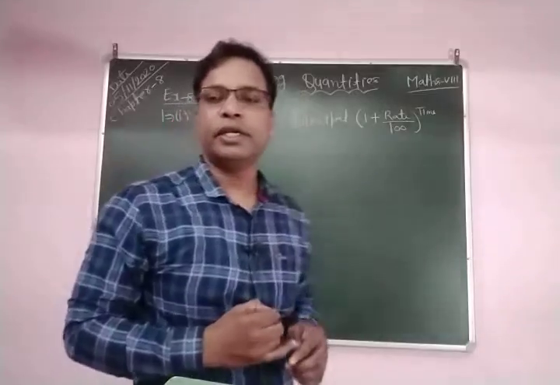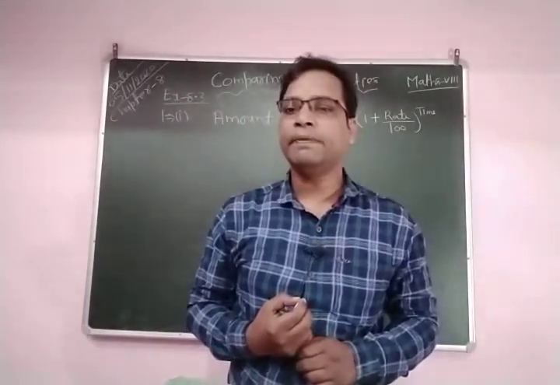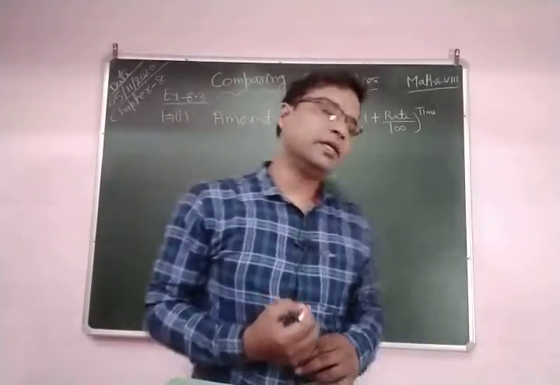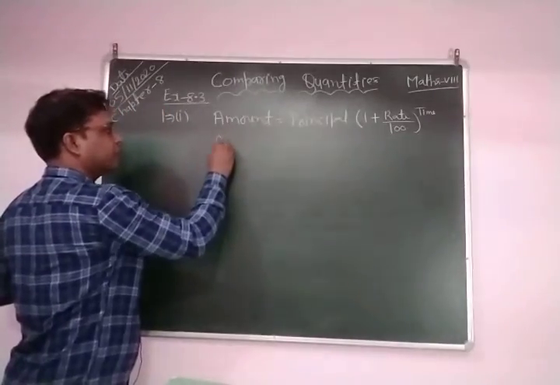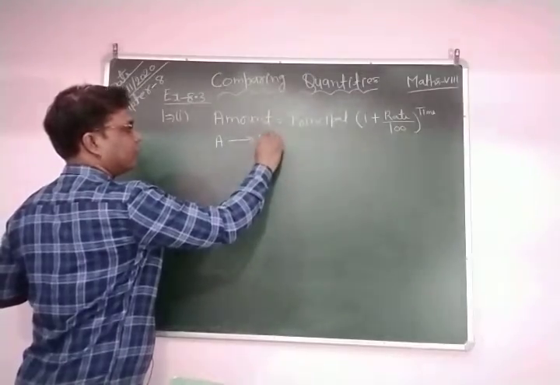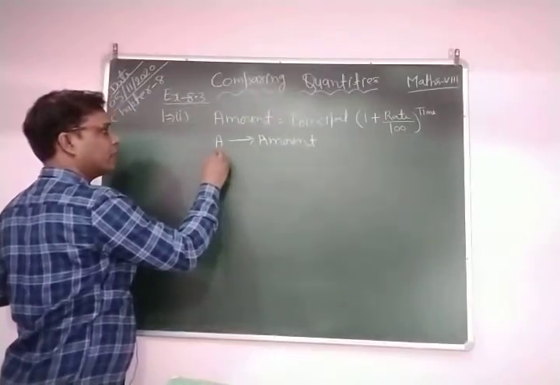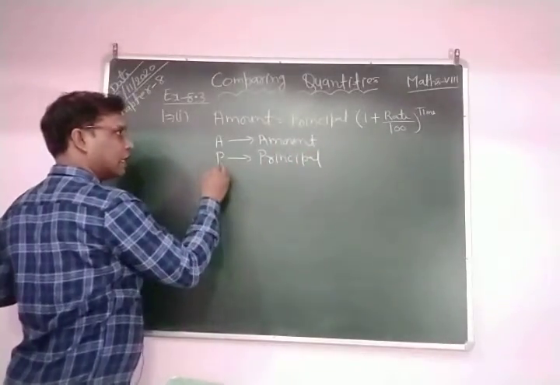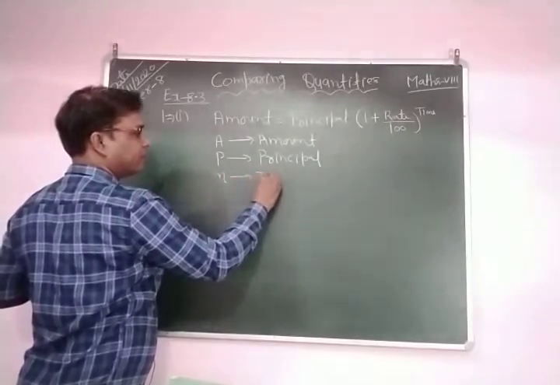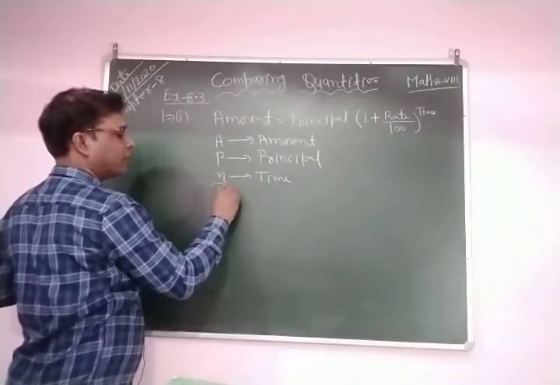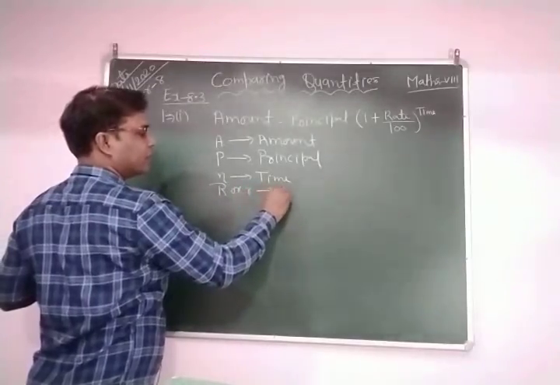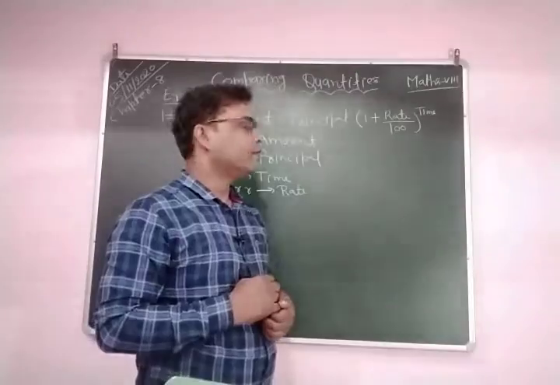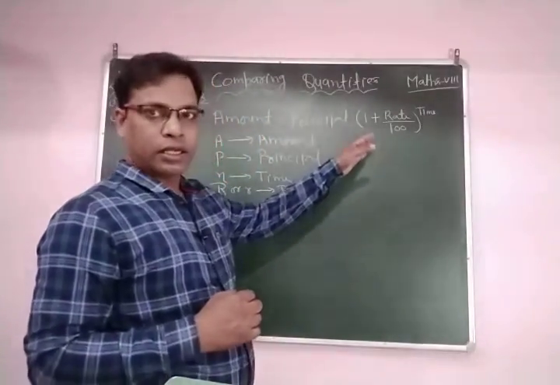Okay, so we represent amount by A, principal by P, rate by small r, and time by N. A represents amount, P represents principal, N represents time, and small r represents rate.